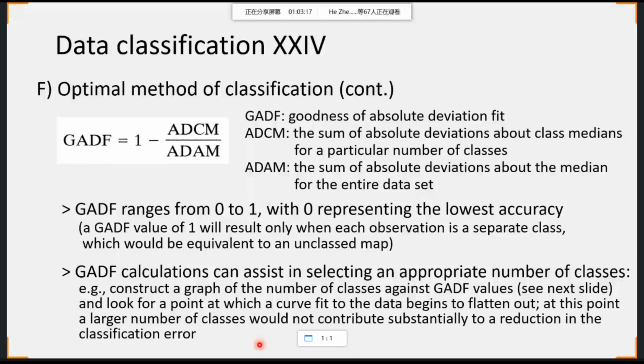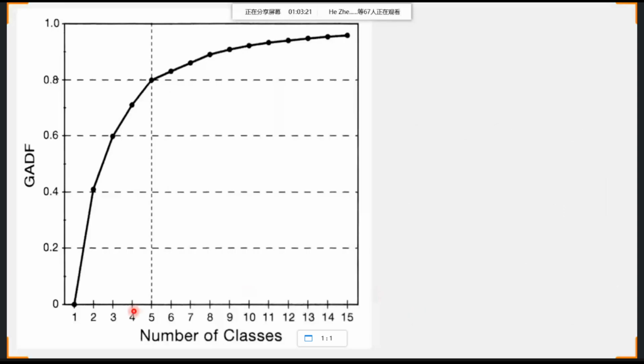So we will see that method. You can use this kind of graph for the GADF. And of course, if you have just one class, then it's 0. With 2 classes, it's about 0.4. With 3 classes, 0.6 approximately, and so on.